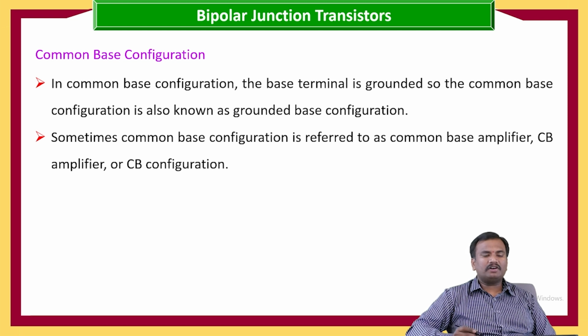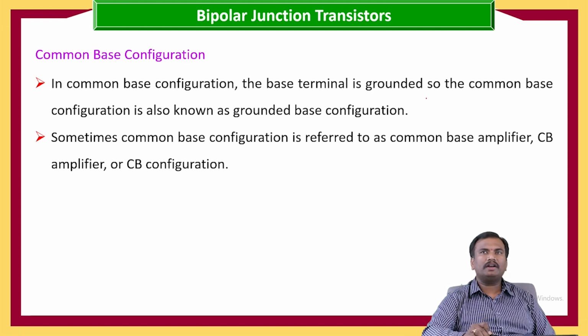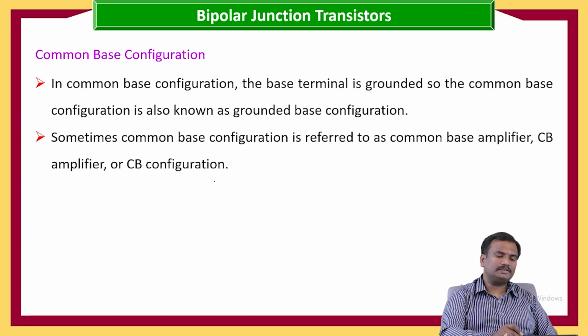In the common base configuration, the base terminal is grounded, so the common base configuration is also known as grounded base configuration. Sometimes the common base configuration is referred to as common base amplifier, CB amplifier or CB configuration.